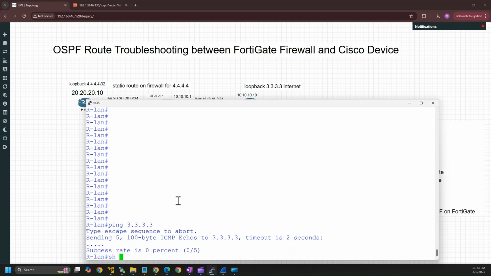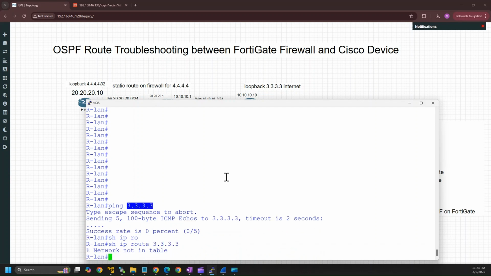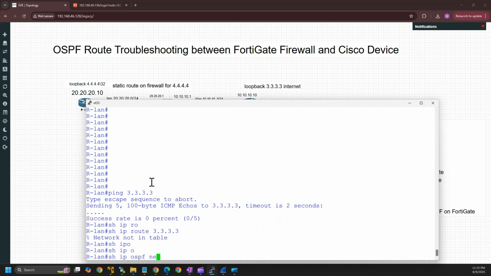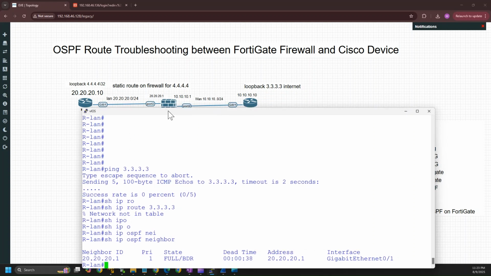So we check the route here, and it does not have the route for 3.3.3.3. So we check the neighbor. With show ip ospf neighbor, we have one neighbor, which is our FortiGate firewall.